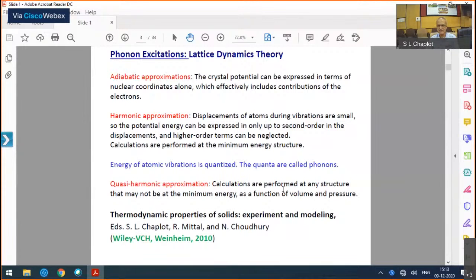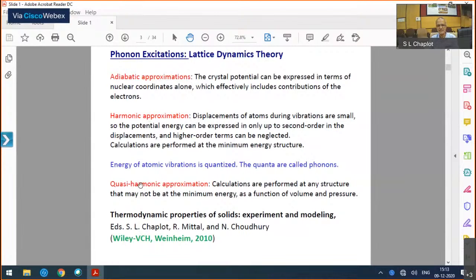So the calculations are performed at any structure that may not be at the minimum energy. However, it should correspond in some consistent manner to a certain pressure. And about such a structure, if you expand it further, then you will get the corresponding phonon frequencies, which are different from the harmonic frequencies.